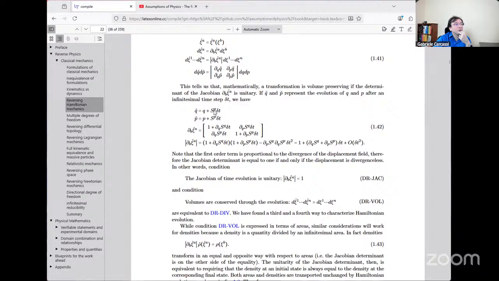So this is the first order variation for q, and then what you do is take this expression and put it inside the Jacobian in the formula, right?